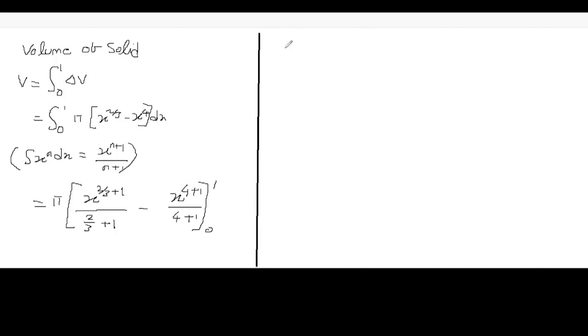So finally the V comes by substituting the value of 1, because 0 will make both the terms 0. So pi times (3/5 minus 1/5), which finally gives us 2 pi by 5.